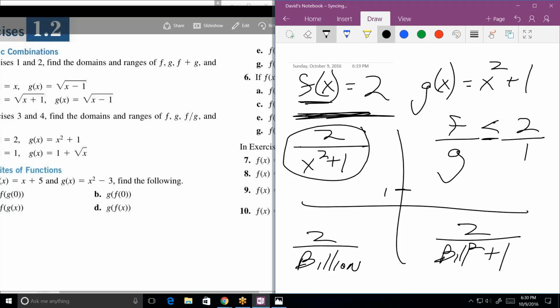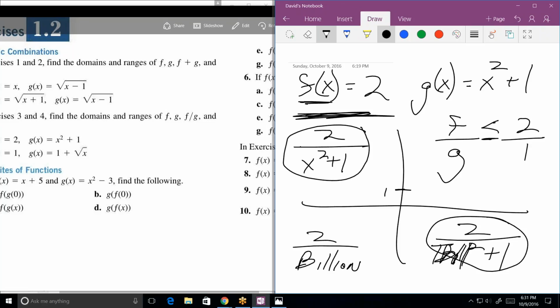Now what if I make the billion be a trillion instead? Does the number get smaller or bigger? It would be a lot smaller. Right. So if I keep making this denominator as big as I can possibly make it, what does the whole thing approach? Not negative infinity.